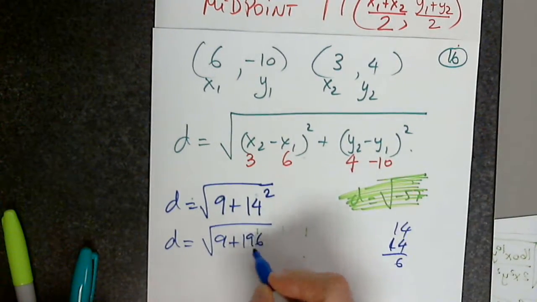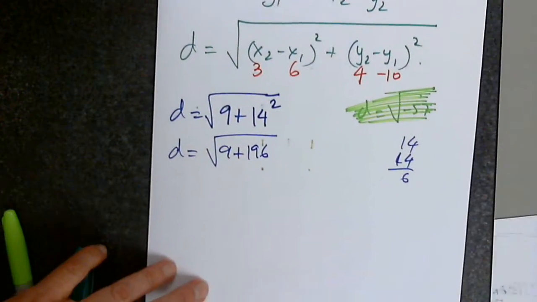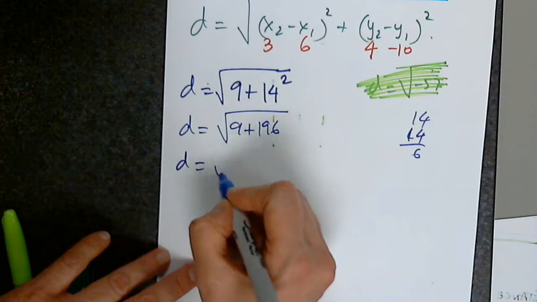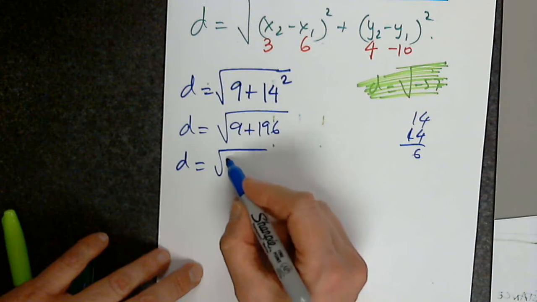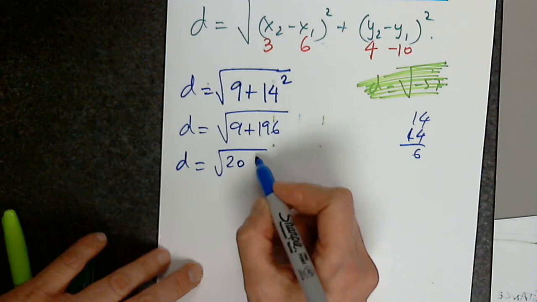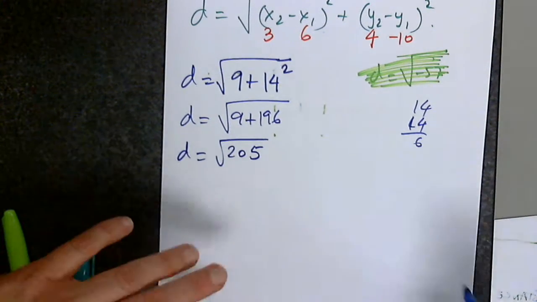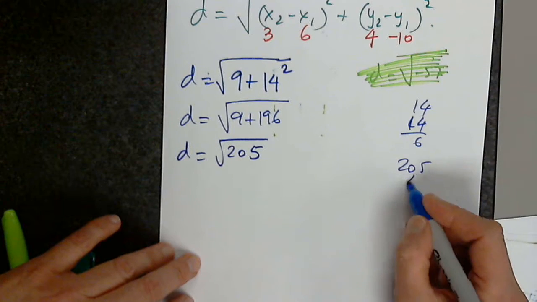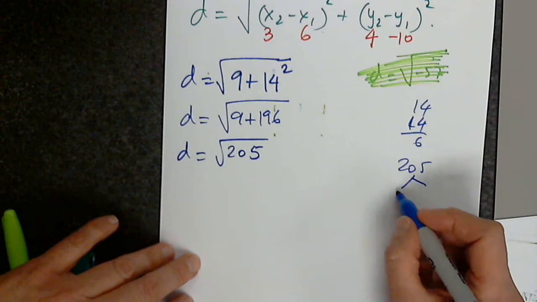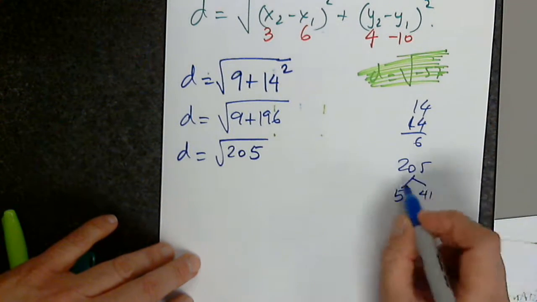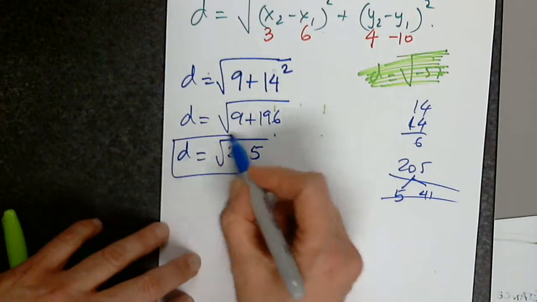Thank you very much. So when I add 9 to 196, I have the square root of 205. I'm going to have to take it aside and see if I can simplify in any way. So I divide by 5 and then 41. Nothing. I cannot do anything. This is the exact.